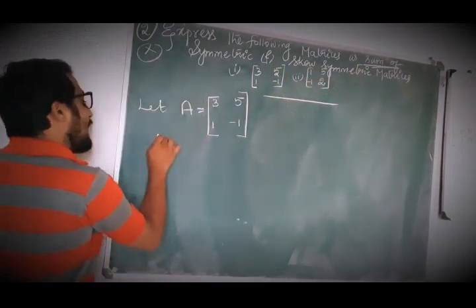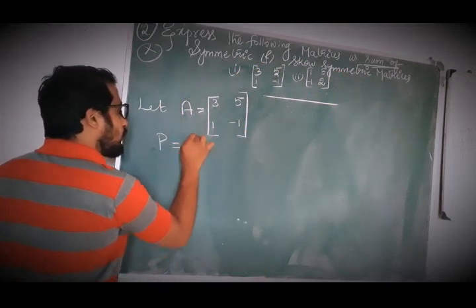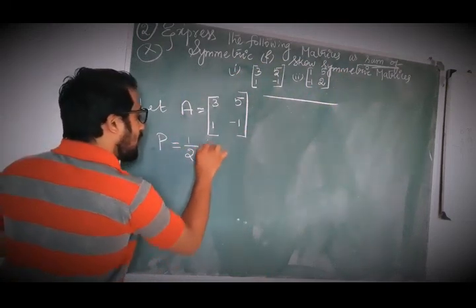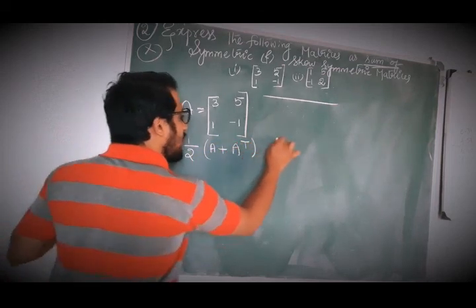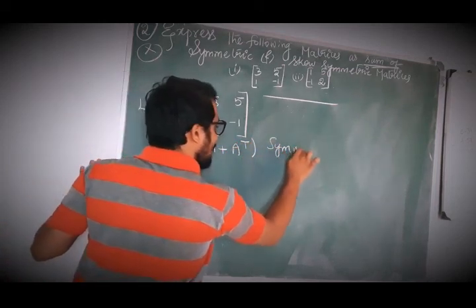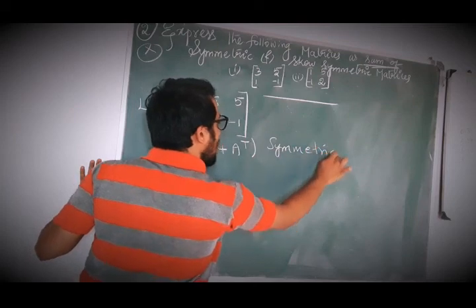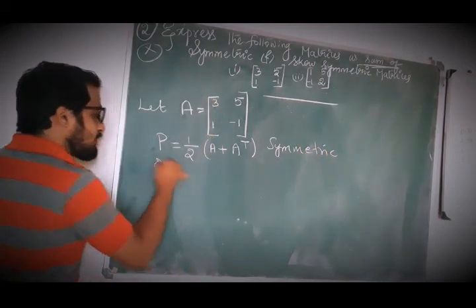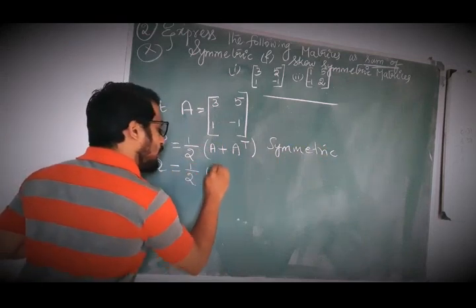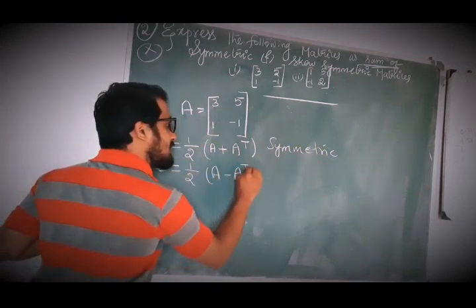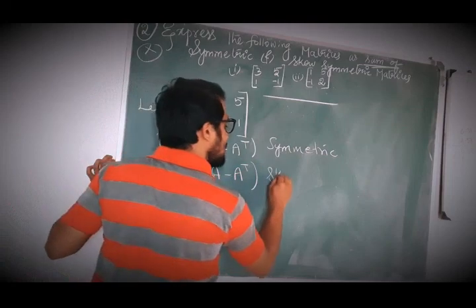That means P is equal to 1 by 2 into A plus A transpose for symmetric, and for skew symmetric, Q is equal to 1 by 2 into A minus A transpose.